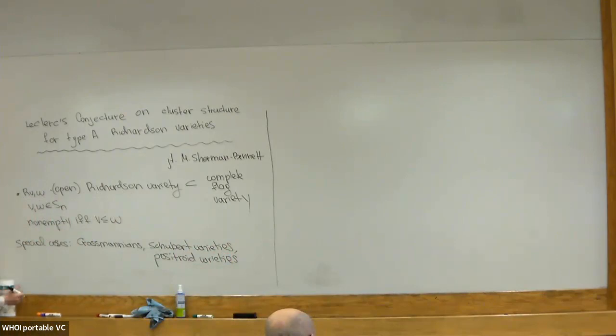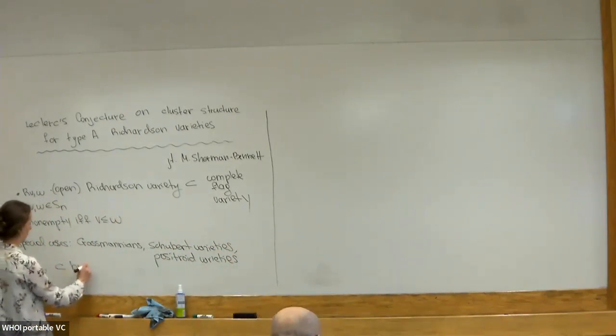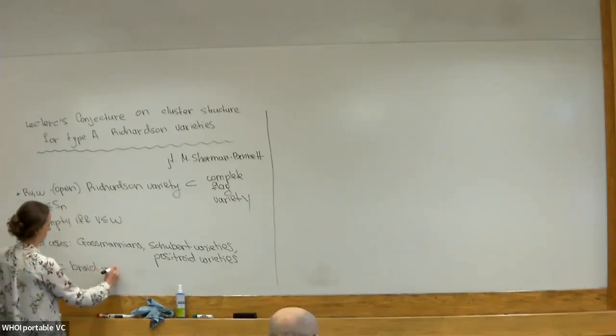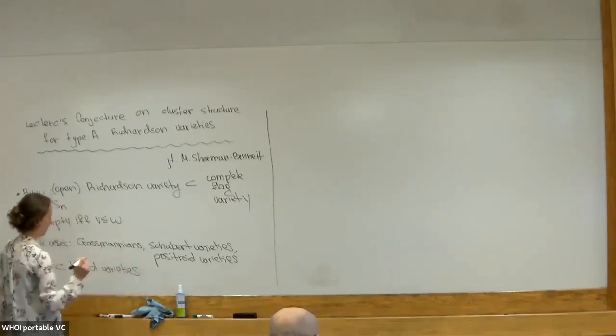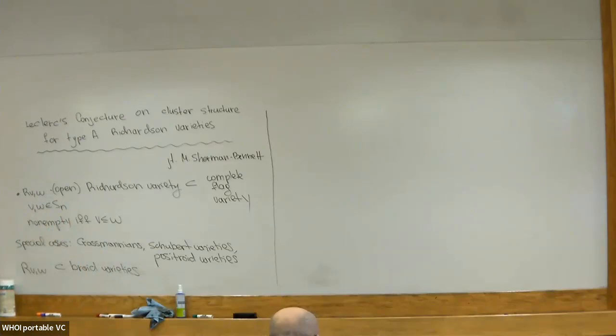And just one last piece of information is that these Richardson varieties themselves are a special case of something called braid varieties. Okay, so that's my little introduction to Richardson varieties.